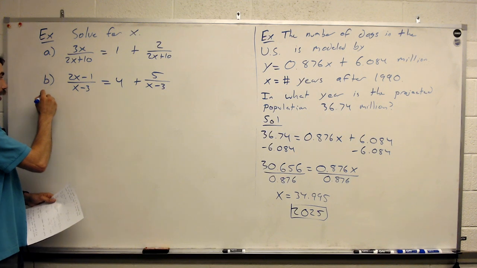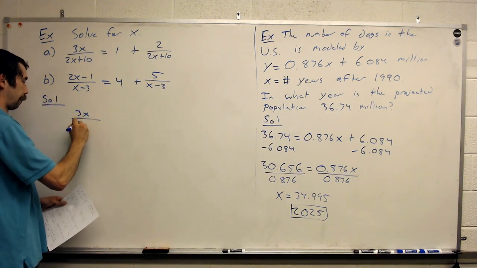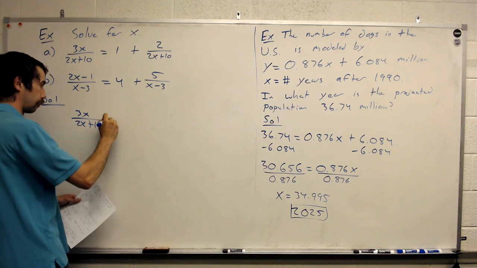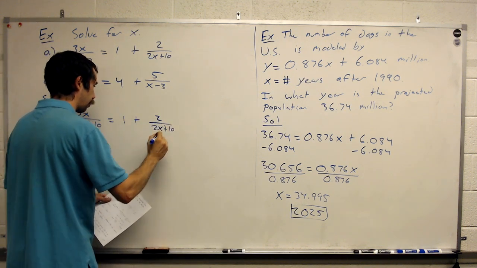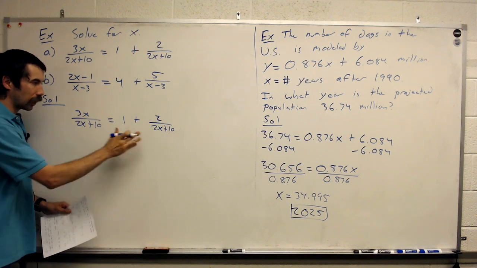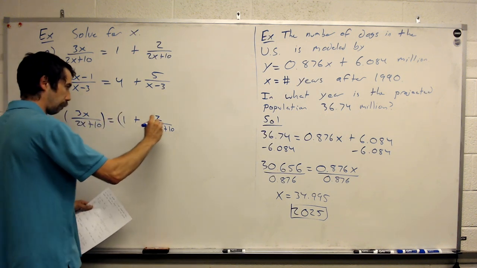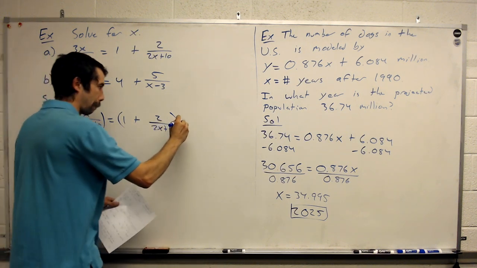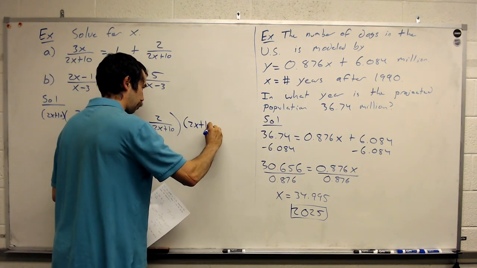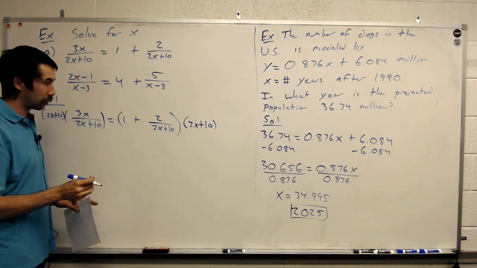Okay, so let's start with A. I'm going to multiply both sides of our equation by 2x plus 10. All right, the point of this is to get rid of our denominators.